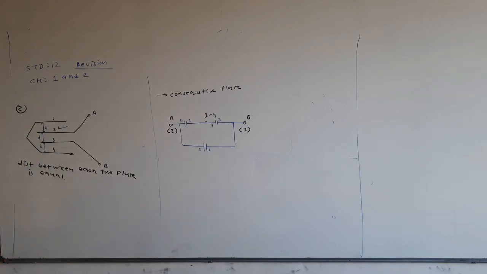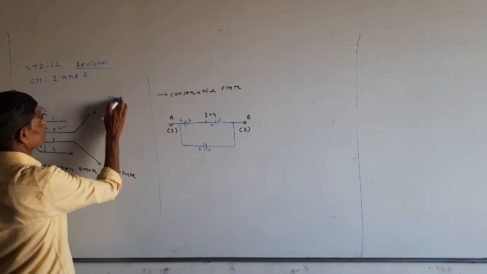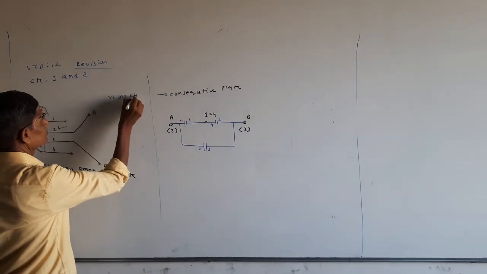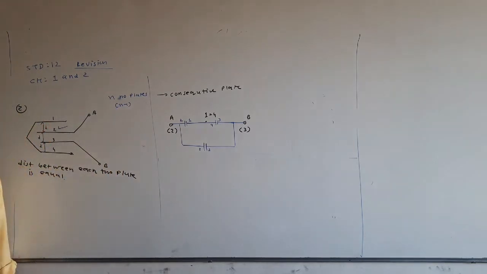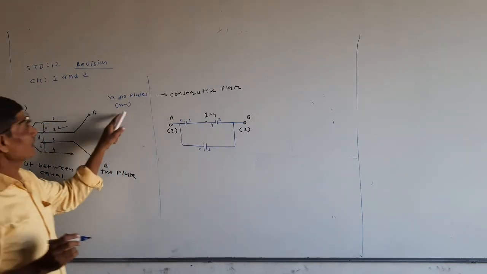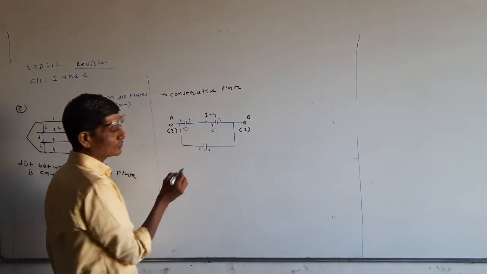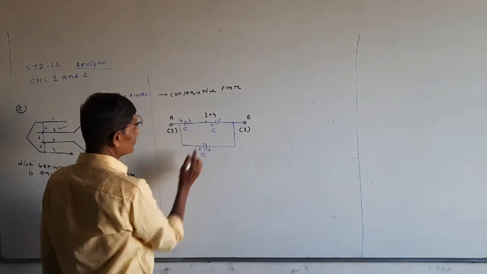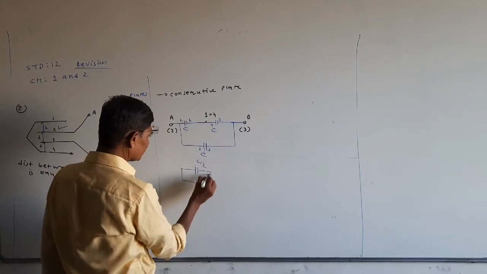Generally the thumb rule is like this: if there are n number of plates, then there will be n minus 1 capacitors. Here there are 1, 2, 3, 4 plates, so 4 minus 1, 3 capacitors are formed. Now this capacitor is C, this is also C. These two are in series, so that will make C by 2, in parallel.